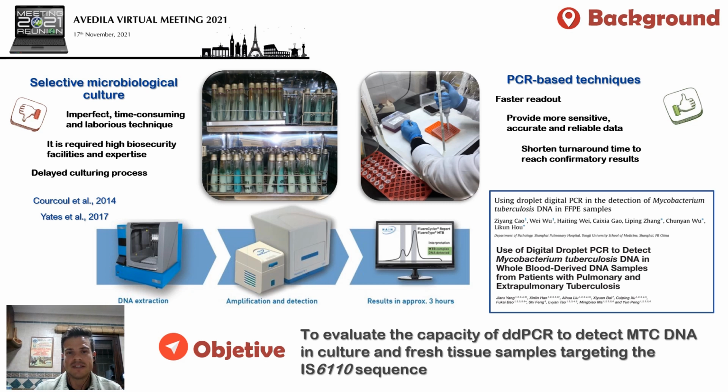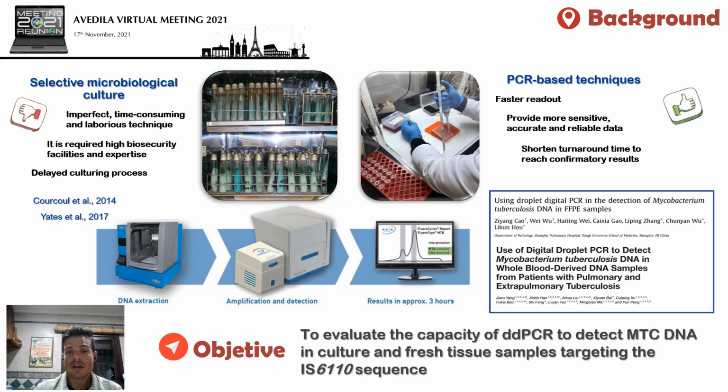Droplet digital PCR is a promising diagnostic tool in infectious diseases that could overcome the problem in accuracy of real-time PCR, because it's more sensitive and specific for the identification of low abundance DNA. Digital PCR is currently used to detect Mycobacterium tuberculosis in human samples.